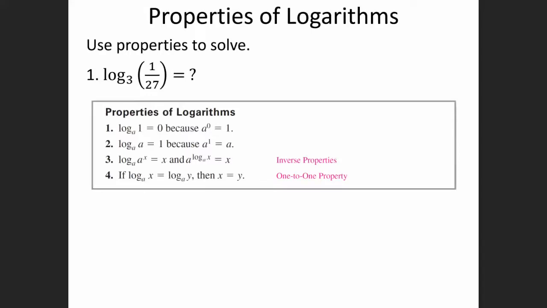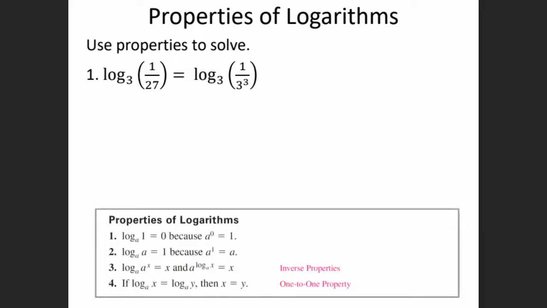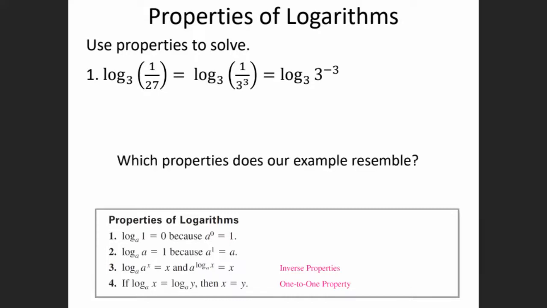Again, to solve for this problem, okay, we see that we first had to convert the 27 into an exponent, and then I rewrote it with the exponent on top, and then I converted it to an exponent form.